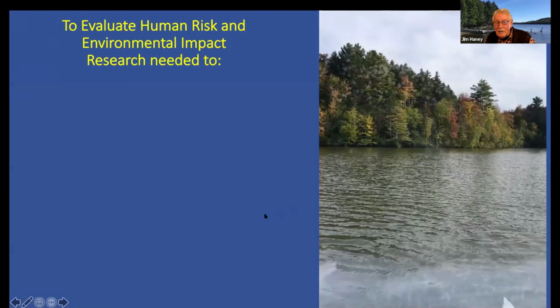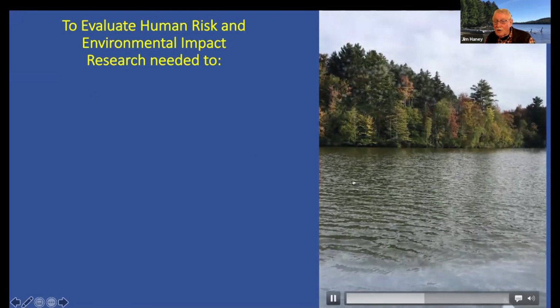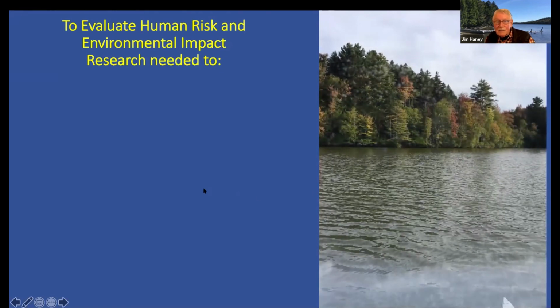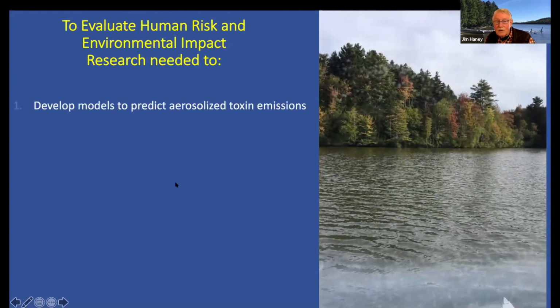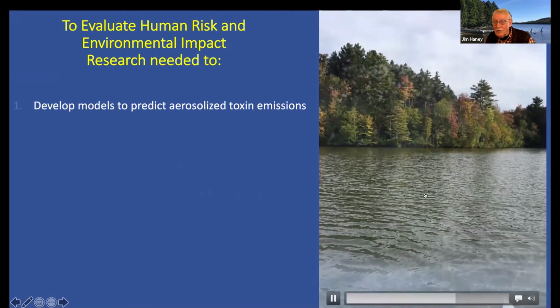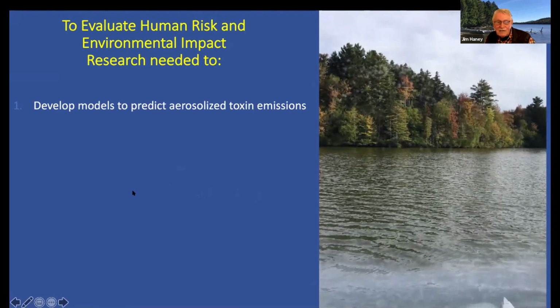And basically, I want to end with this, which is that we need a lot more research before we can get to human risk evaluations of this. It's more of a very important scientific finding, but to get there, we need to do more. We need to look at models. We can predict the aerosols, and what I've shown in this picture is the smoke represents the dissolved, and the other is the cells coming out.